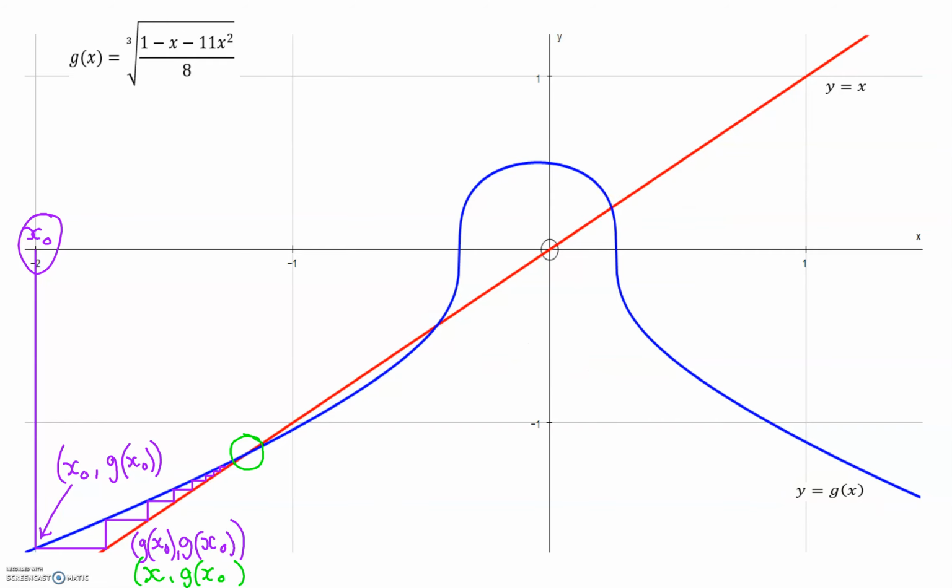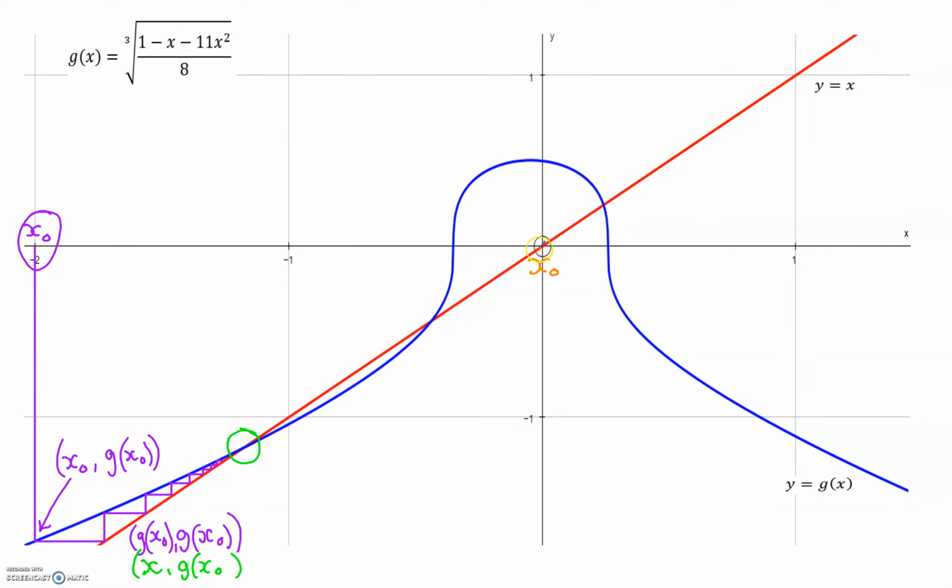So let's just have a look and see what would happen with this particular iterative formula if we were to start with a value of x0 at 0. And we'll just graphically have a look at what would happen here. As you know, we need to go to our curve, so we would go straight up to our curve. That would then generate a y coordinate, a g of x0, and we would then transfer that to our x value by moving across horizontally to our y equals x line.